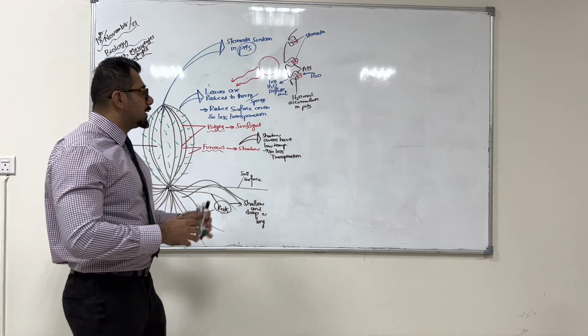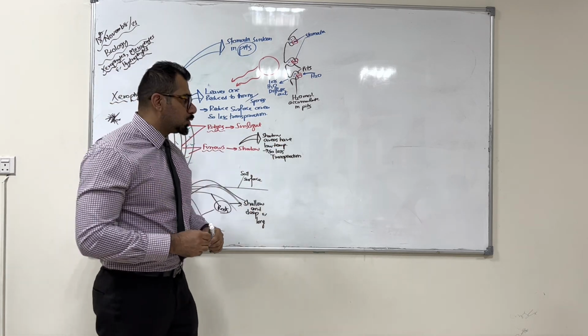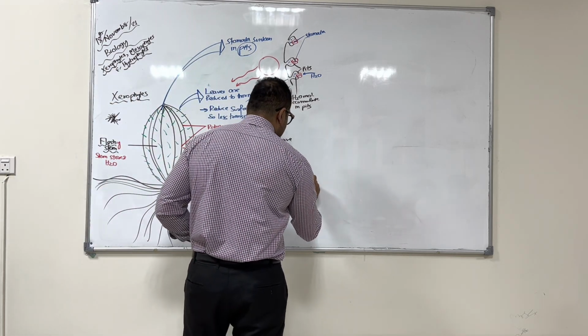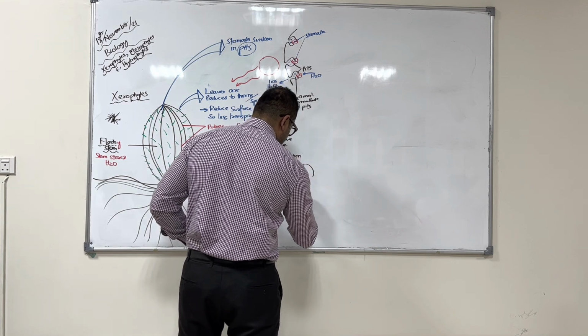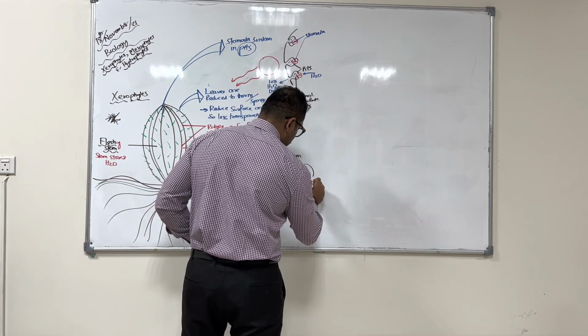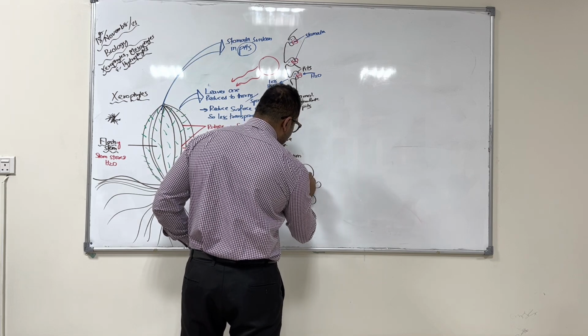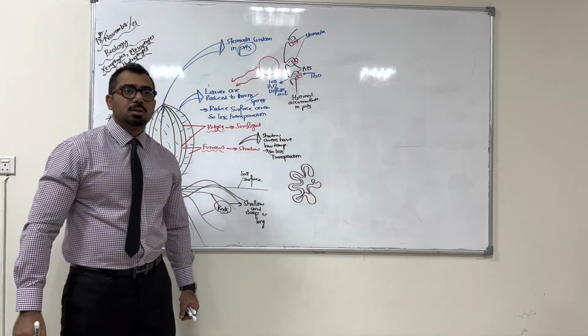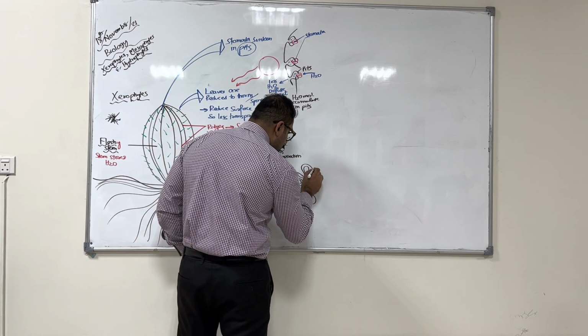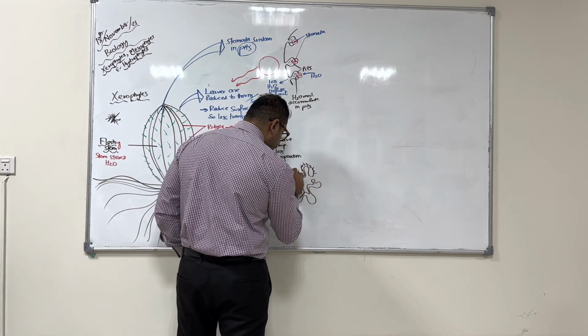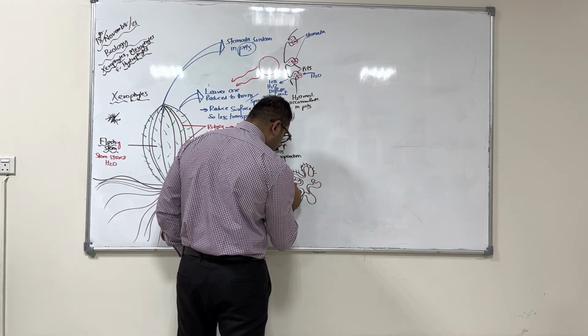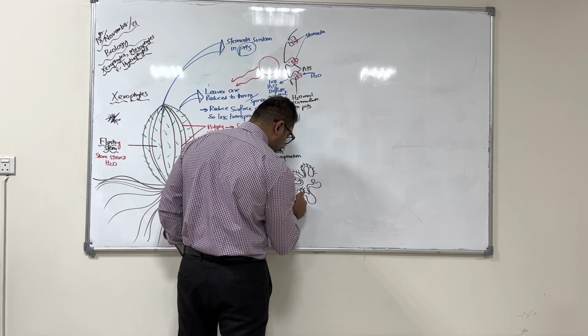Some of these desert plants, or xerophytes, have many pits. And other than the pits, they also have hairy structures on them. Small outgrowths like hairs.